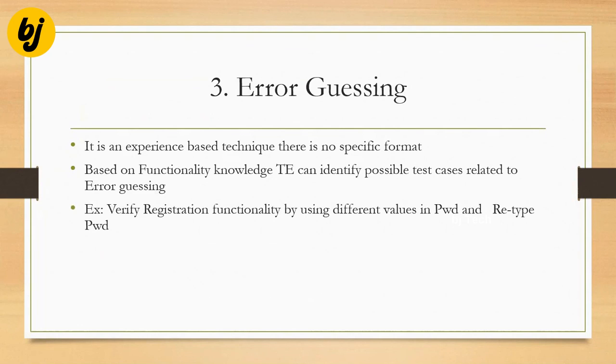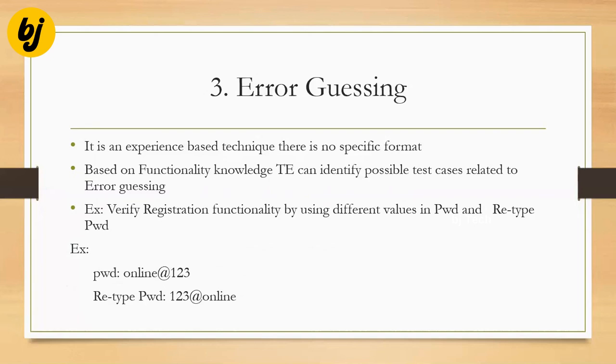For example, if I have a registration form, whatever value is given in the password field, the same value we have to give in the retype password field. But I may give different values. I give the password as some value like online at 123, and for retype password I give 123 at online.